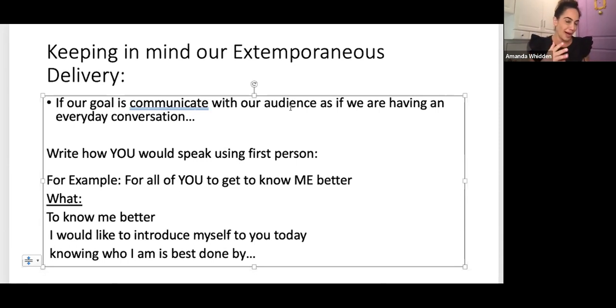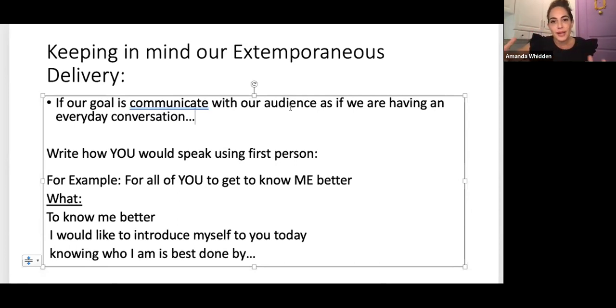Memorizing becomes robotic if you haven't been seasoned in memorization. And it also is going to trip you up, because if you forget a part, then you don't know where to go, because you haven't had that freedom and flexibility to say, this is simply what I'm talking about, not this is how I have to say it.